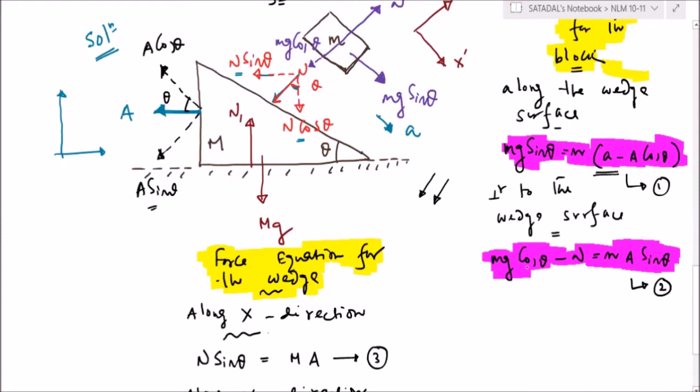So minus minus will cancel off from both the sides. Understood or not? What is the net force direction? The block is coming down or up? Down. So net force is in the downward direction. Acceleration also is in the downward direction. So both are negative, and both sides negative will be gone. Okay, sir.